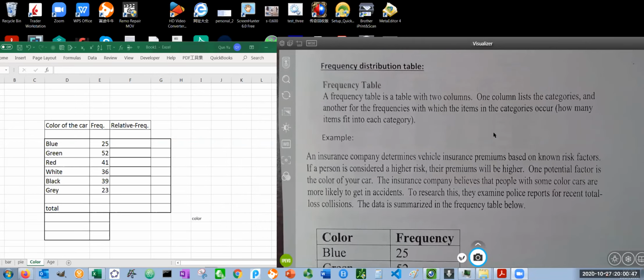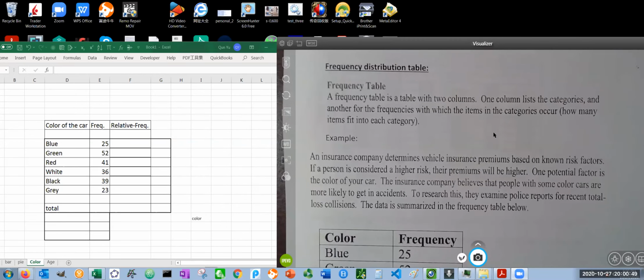Let's say, for example, an insurance company determines vehicle insurance premiums based on risk factors. For example, how old the car is, how many miles you drive on average per day, how old you are, your gender, your accident record, the make of your car, the age of your car, the color of your car, everything.